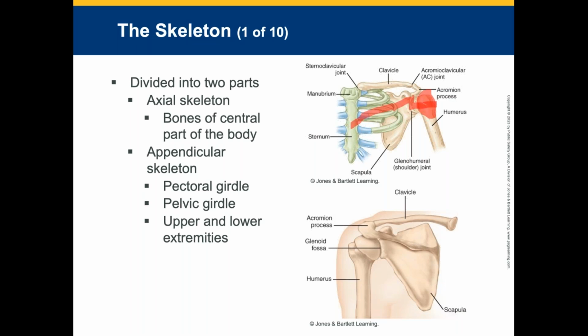So it's divided into the axial skeleton and the appendicular skeleton. The axial skeleton comprises the bones of the central part or axis of the body. The appendicular skeleton is divided into the pectoral girdle, the pelvic girdle, and the bones of the upper and lower extremities.